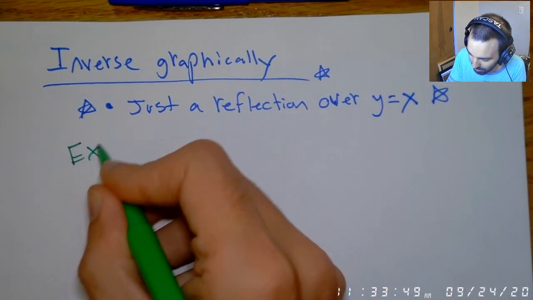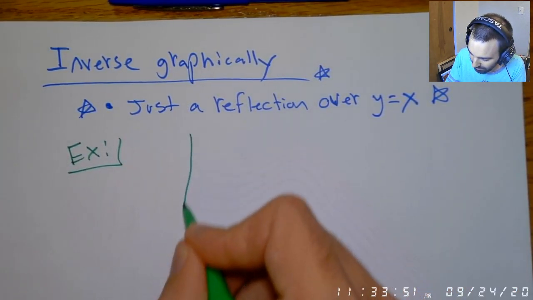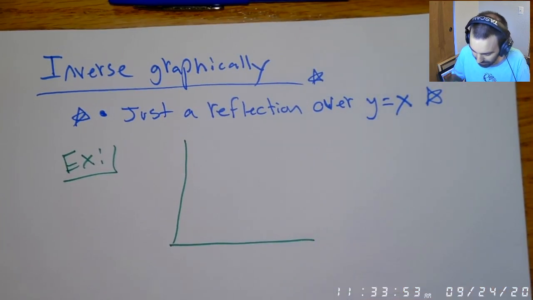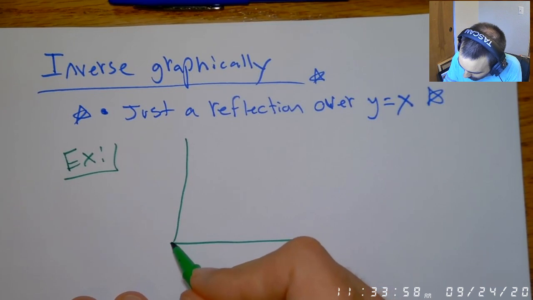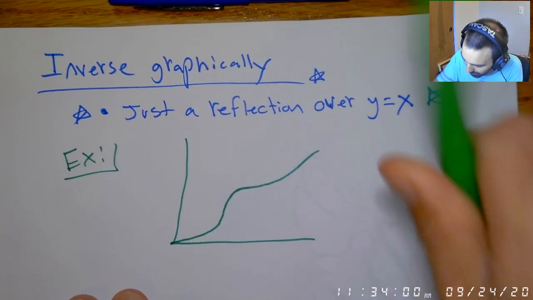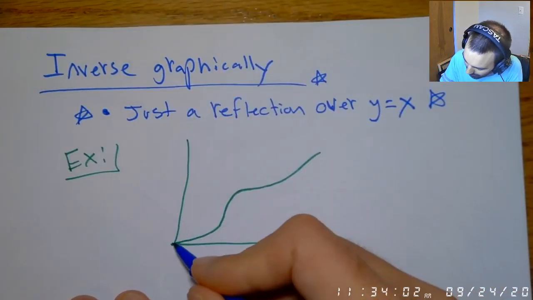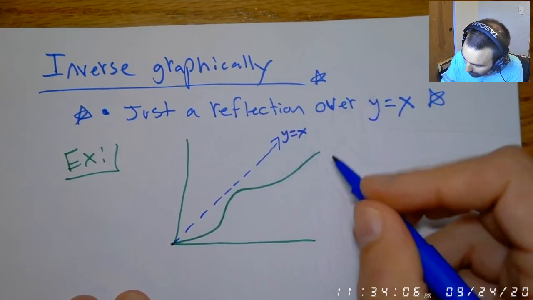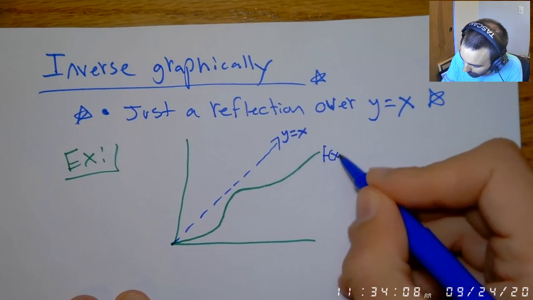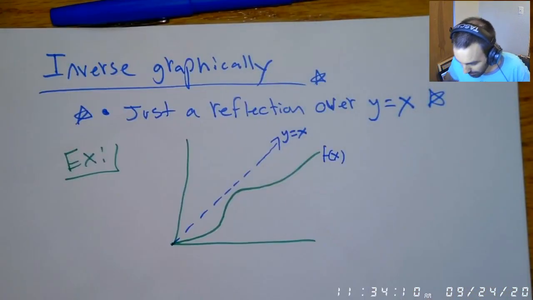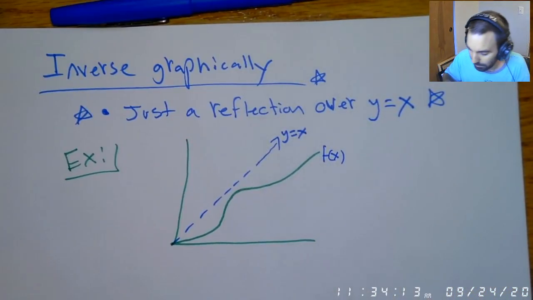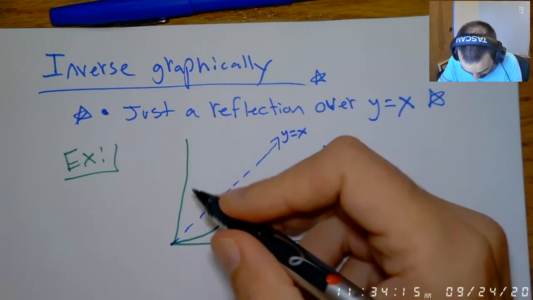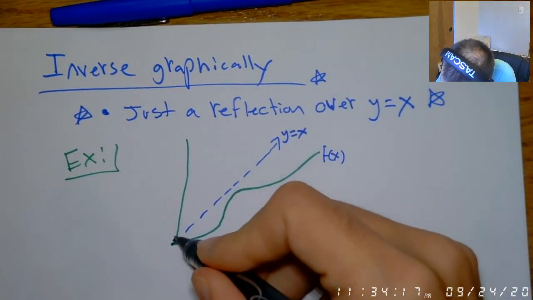So here's an example of this graphically. Okay, so I might have a graph here that we can just make it look like whatever we want. Okay, and then I graph y equals x. Let's call this f of x. Okay, then what happened to all my pens? Okay, then I'm gonna do the best I can here.